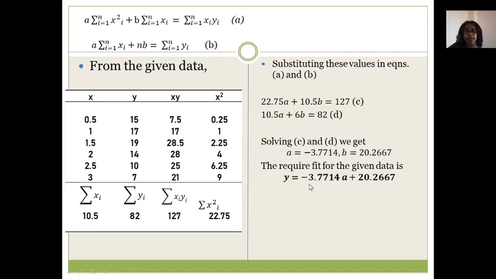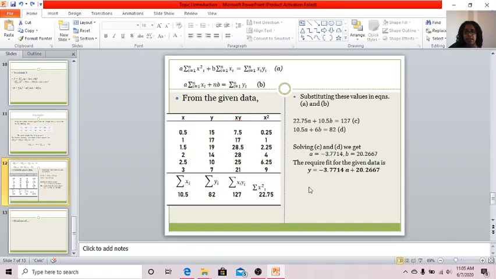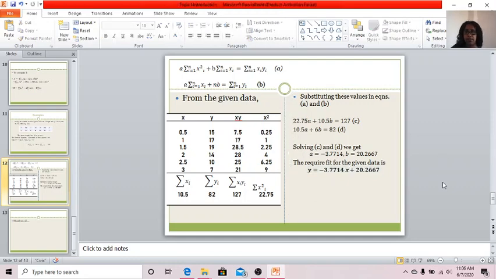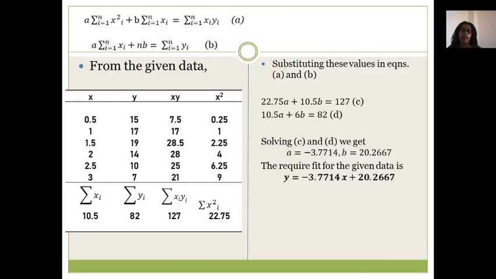And the required fit for the given data is minus 3.7714x plus 20.2667.